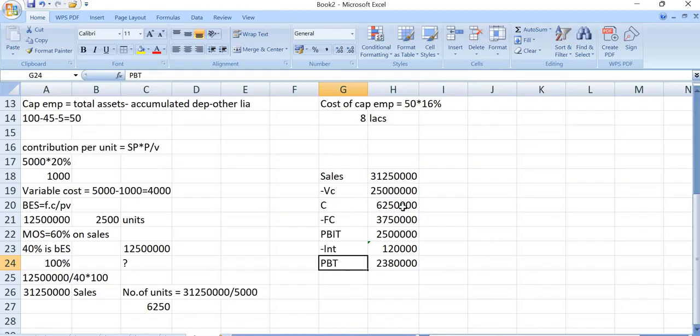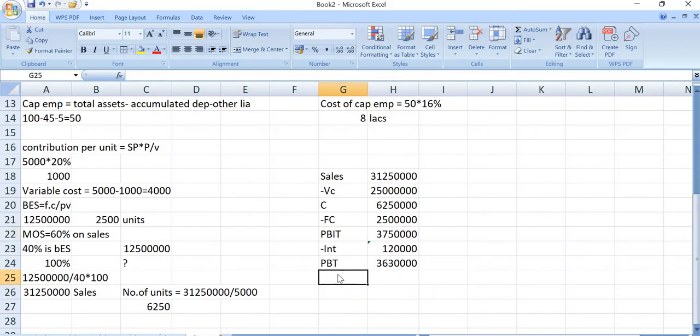Just a minute, fixed cost is 25 lakhs. I have wrongly put it. So my PBIT will be 37 lakh 50,000. My interest is 1 lakh 20,000. So profit before tax will be 36 lakh 30,000.